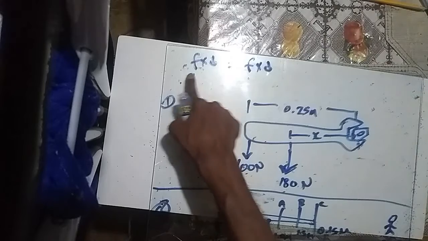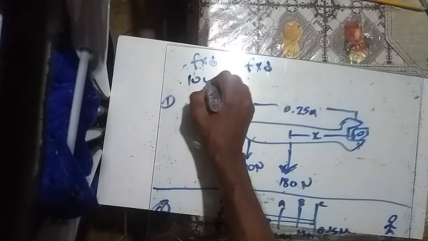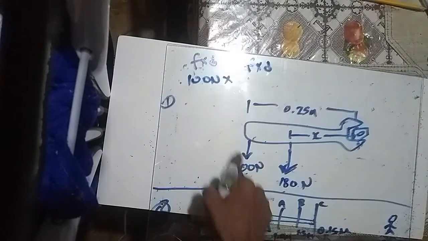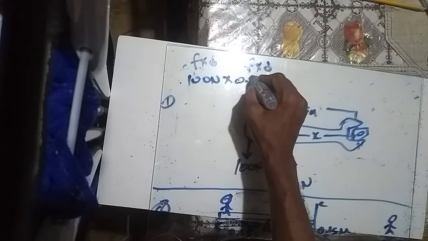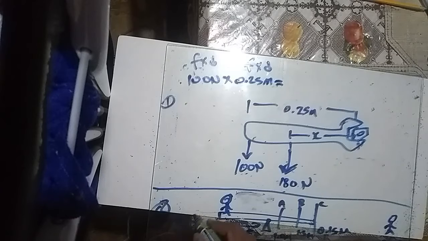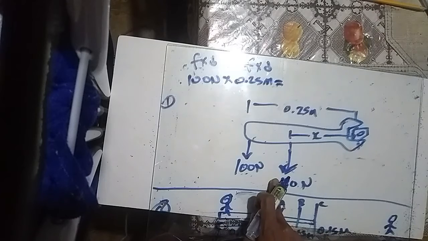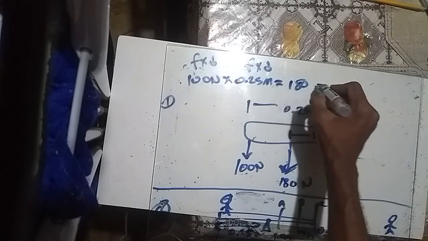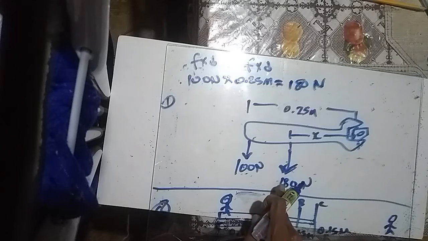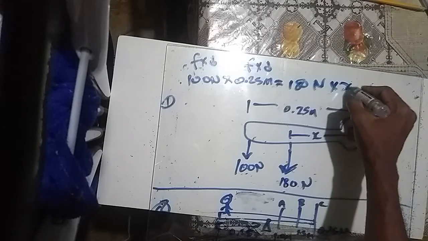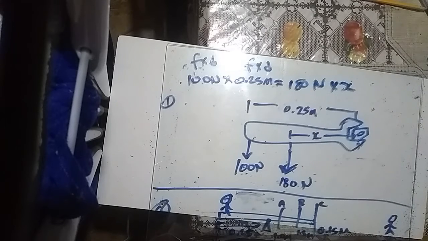Okay, so that is what now? 100 newton times 0.25 meter is equal to 180 newton times x distance, which is what I want to find.